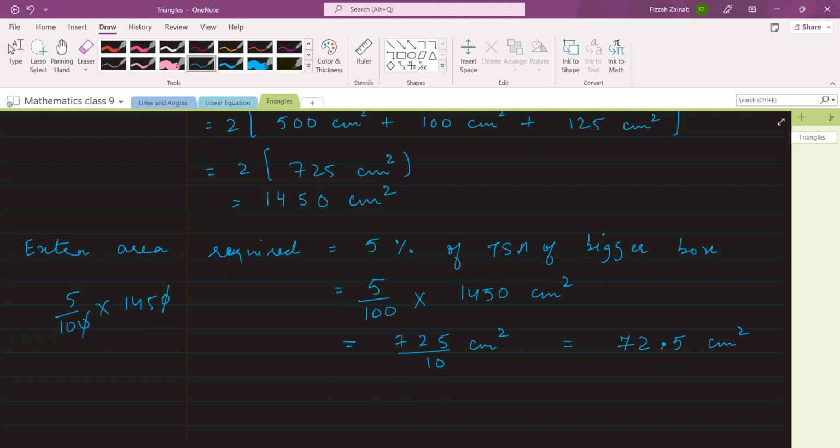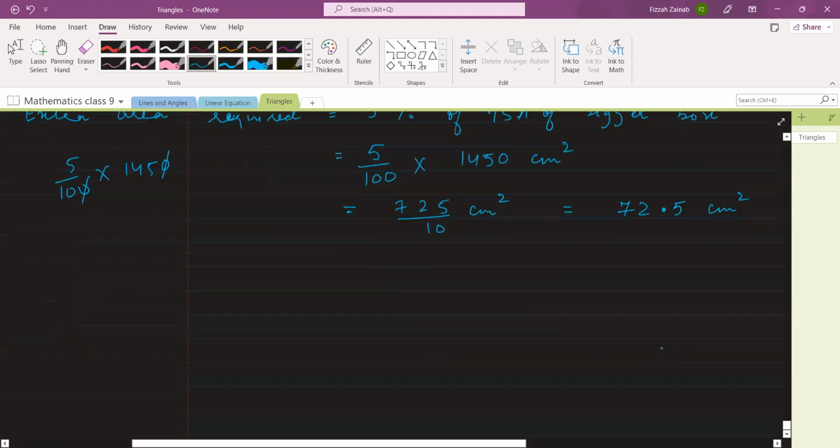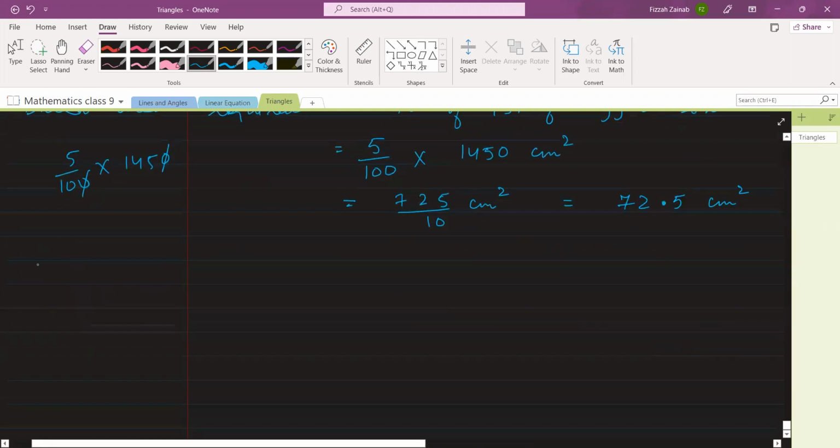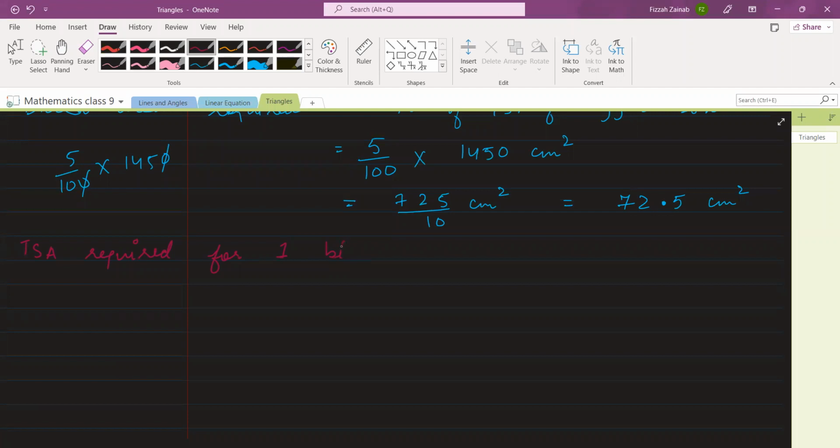Done, ma'am. Okay. So that means the total surface area required for one bigger box will be equal to the total surface area plus the extra area required.